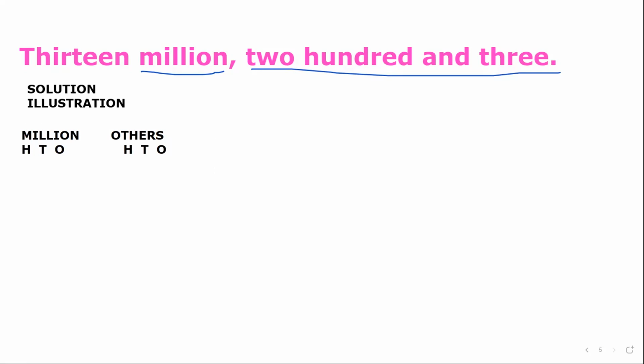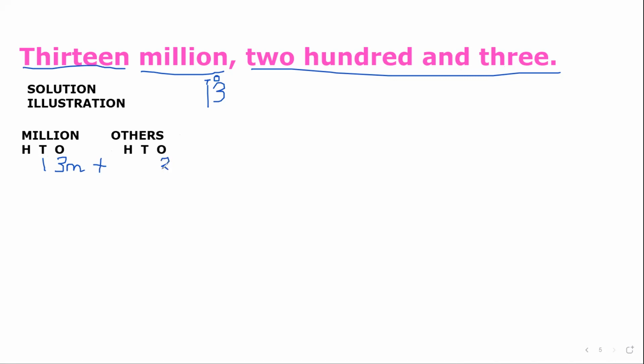Now we are going to record them here. When you take the million, the back of the million, we call it 13. So the 13, we have the 1 and 3, that is the 13. The position of the 3 here is the ones, and the position of the 1 here is the tens. So under the million, we have the 3 being under the ones, and the 1 also, that is the 13 million here.